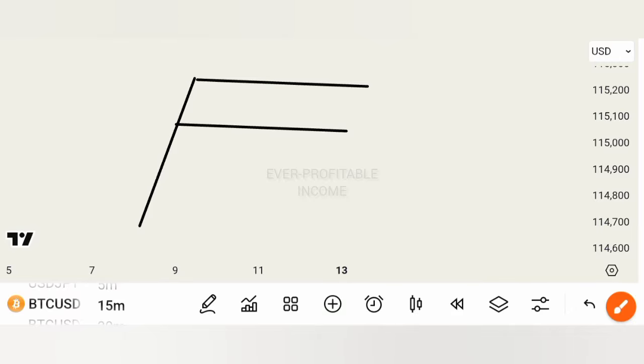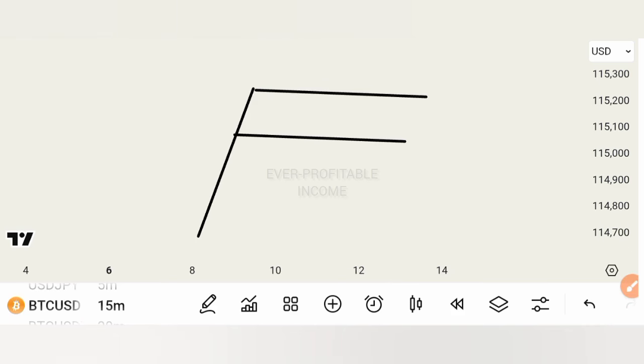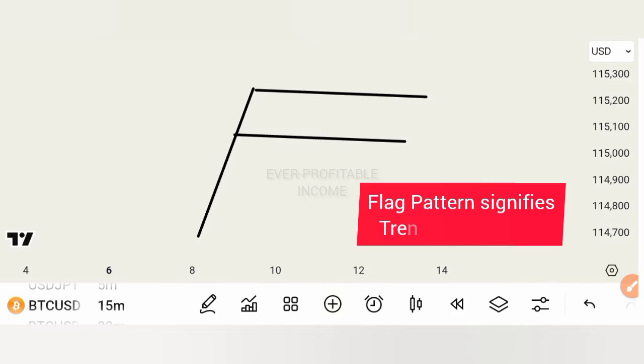Now, the flag pattern is a continuation pattern, so you will find it in a bullish trend or a bearish trend. When it appears on a bullish trend, it's telling you that the price is going to continue in the same direction. So the flag pattern signifies trend continuation.